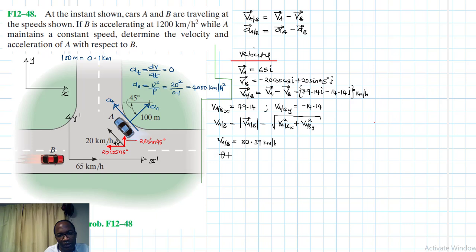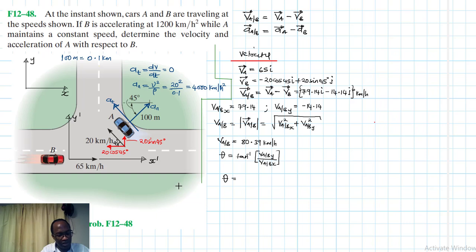Right, let's find the angle. Theta is equal to tan inverse of VAB Y divided by VAB X. Therefore, theta is equal to minus 14.14 divided by 79.14.